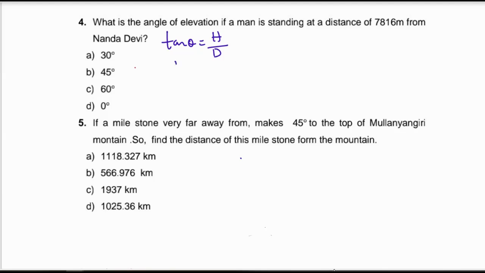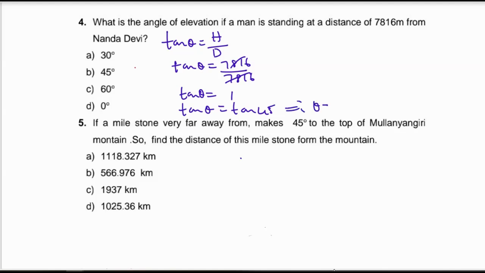Both are 7816 meters, so they get cancelled and you get 1. Tan theta is 1, that is tan theta is tan 45. Therefore theta will be 45 degrees.